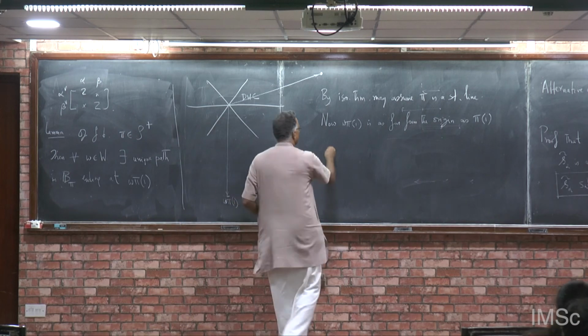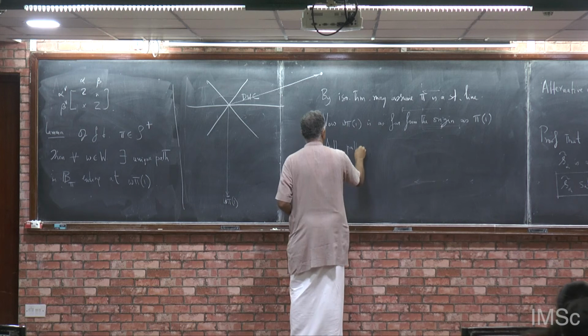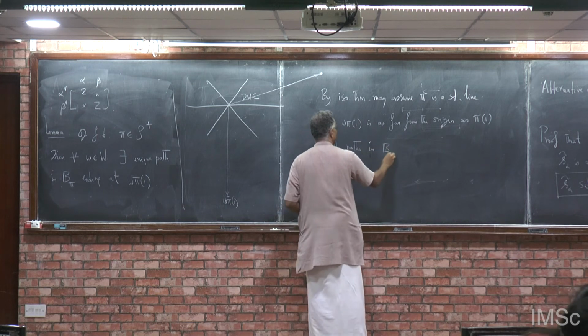So, all paths in B pi have the same length.